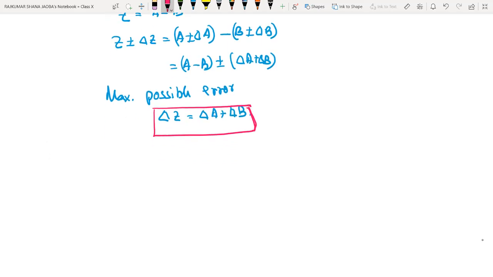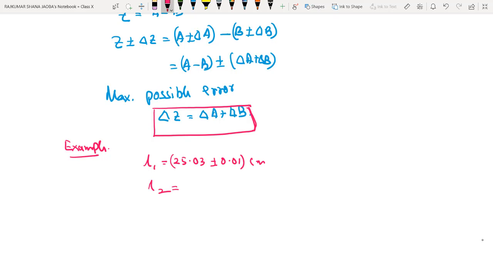So for example, say L1 equal to 25.03 plus minus 0.01 centimeter.